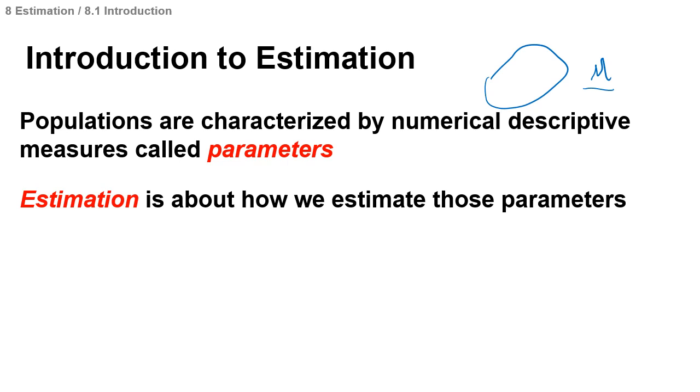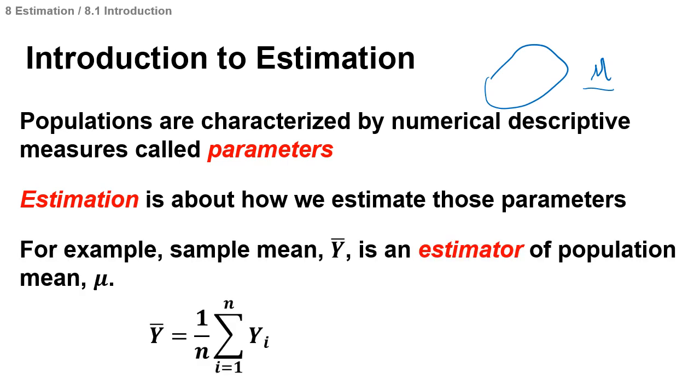So we say there is a population and there is a population mean mu, and we want to estimate the population mean parameter, and that's the estimator. For example, the sample mean is an estimator of the population mean mu.